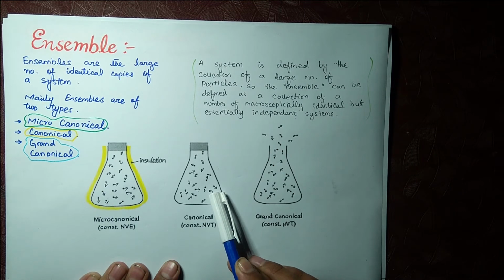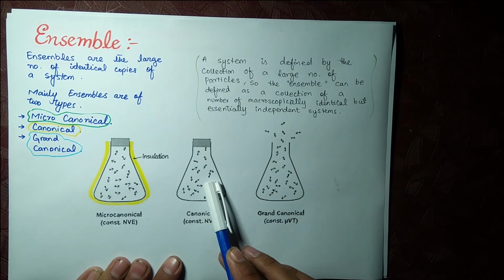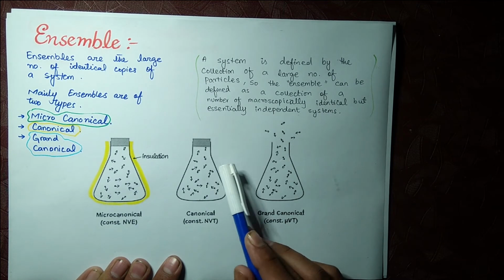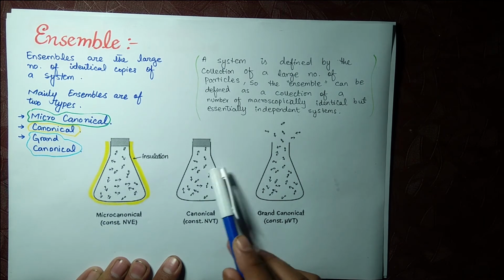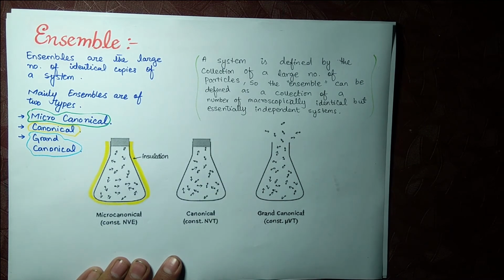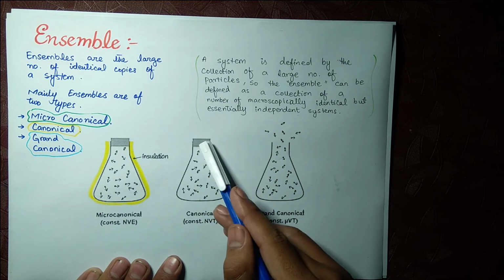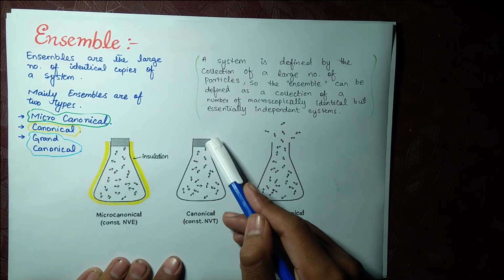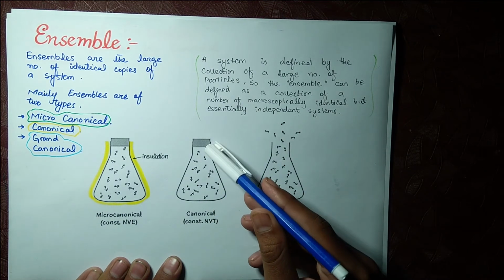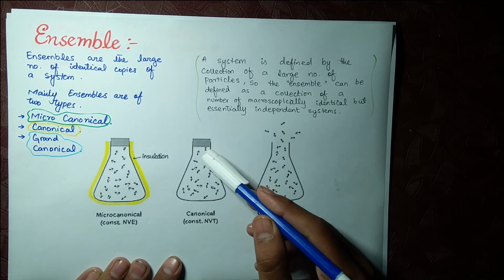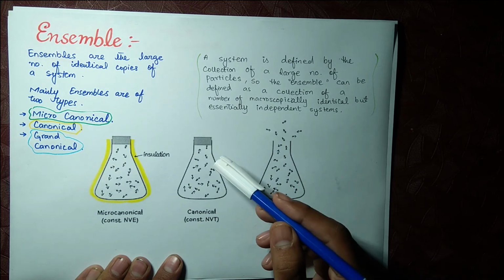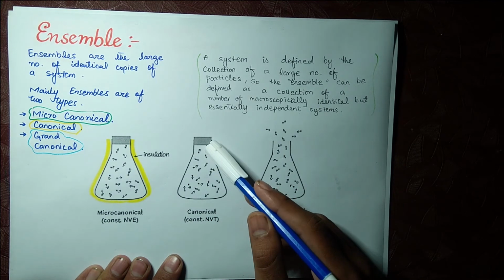So energy is not conserved here. We don't have a constant energy. Energy can move this way and that way, in and out. But it is again a closed system, and in this closed system, you can see the particles are bound.